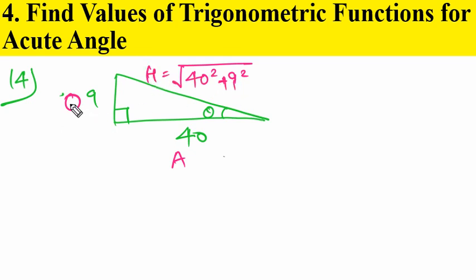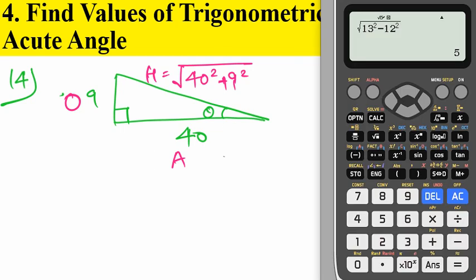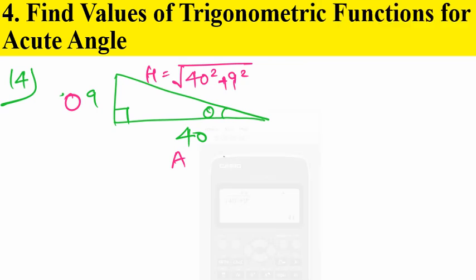If we are finding out opposite and adjacent, then we do minus, right? Okay, now let's just solve this. Square root of 40 square plus 9 square, right? And that will give you 41. So hypotenuse is equal 41.